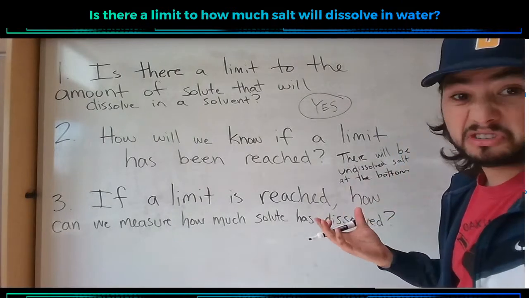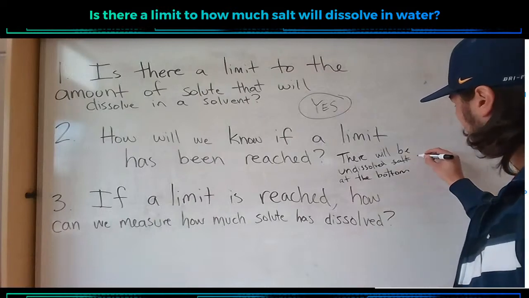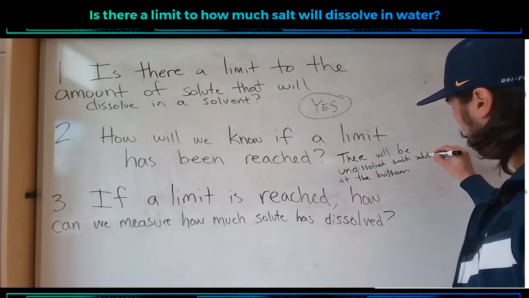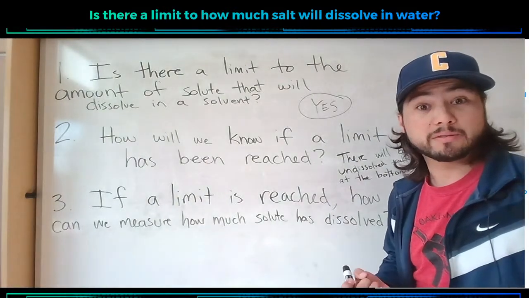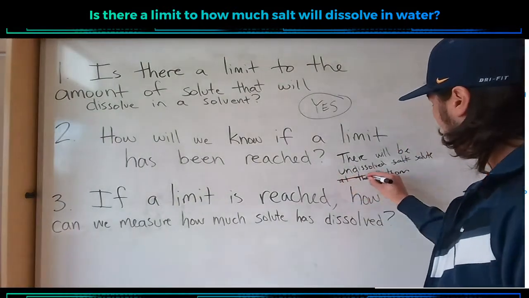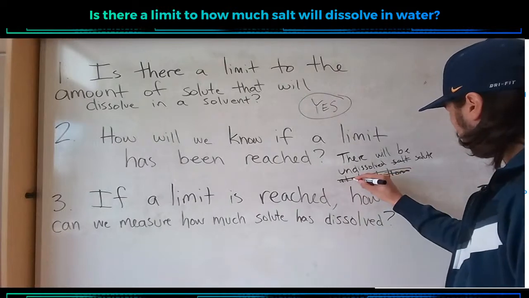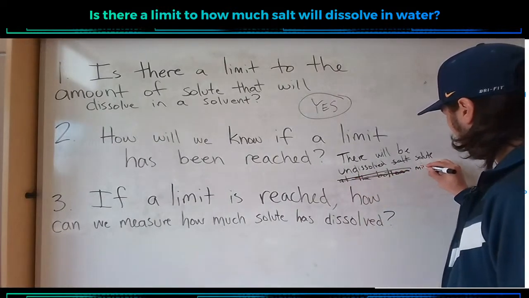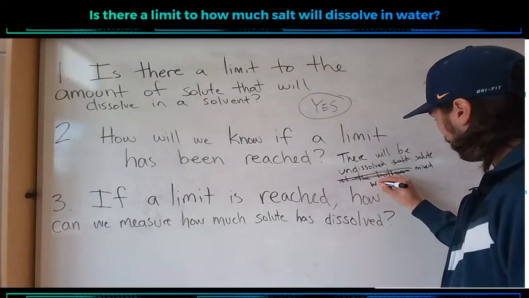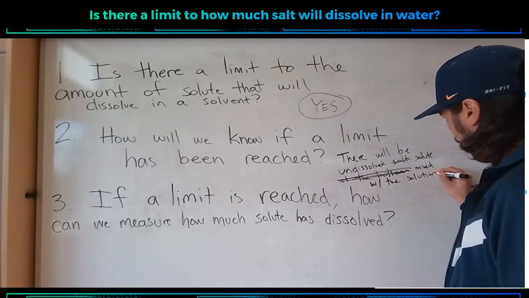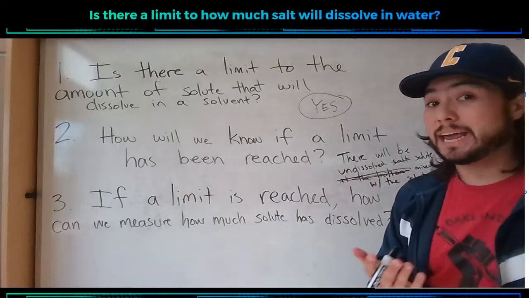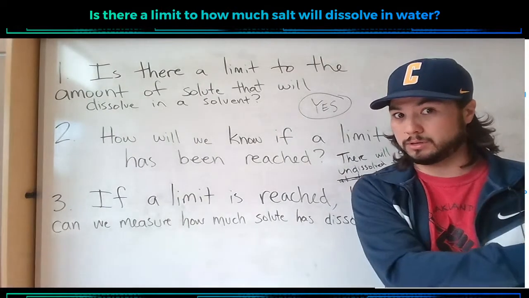If we're not using salt, there will be undissolved solute. And maybe it's not at the bottom. Maybe it's less dense than water, so maybe it'll float. So maybe we'll say undissolved salt mixed with the solution. Remember, we can say that it's mixed because it can be removed by a filter, as we saw there.